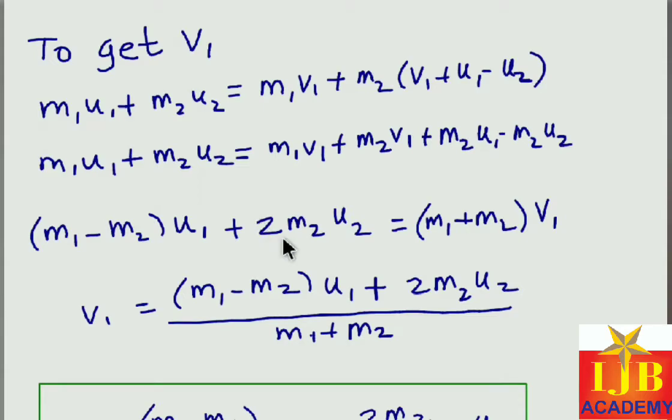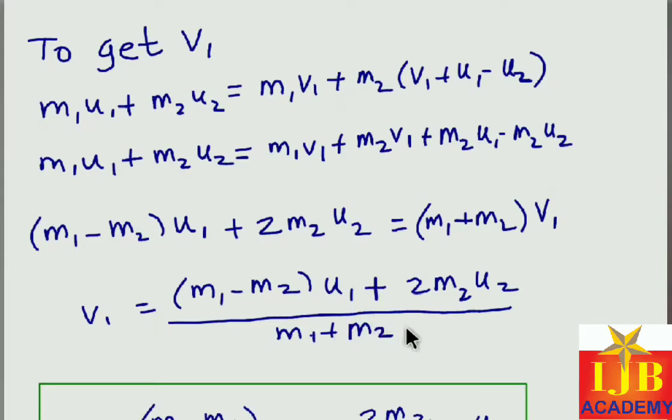So you can write 2 m2 u2 is equal to, and you can see two v1 terms are there, m1 v1 and m2 v1. As v1 is common, you can take it outside and write m1 plus m2. Taking this term to the LHS, it goes into the denominator. So I can write v1 is equal to m1 minus m2 into u1 plus 2 m2 u2 by m1 plus m2.